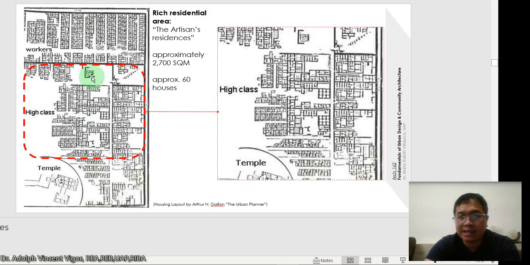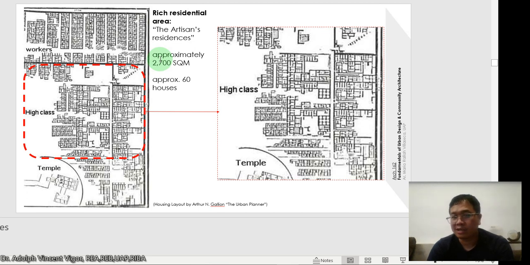So I have here the high class. It's for the rich residential area, the artisans' residences. When you talk about artisans, in those times they're probably the more educated ones compared to the workers, who are probably just the laborers for the project.